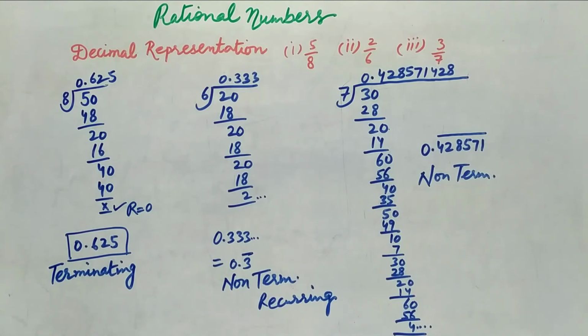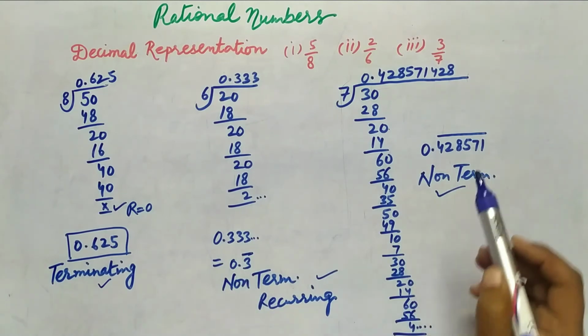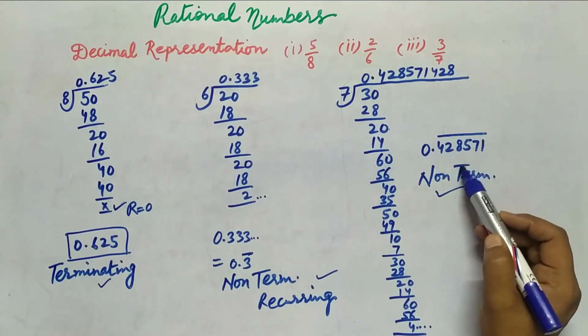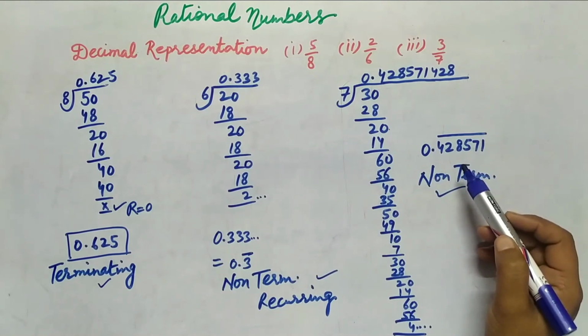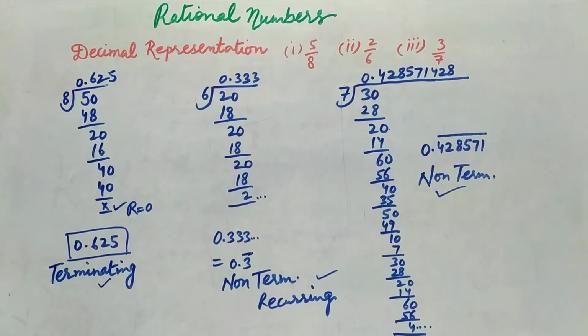So a rational number when divided can give us terminating decimals or non-terminating recurring decimals, where only one digit can be repeating or digits can be repeating after a certain period. This is the decimal representation of a rational number.